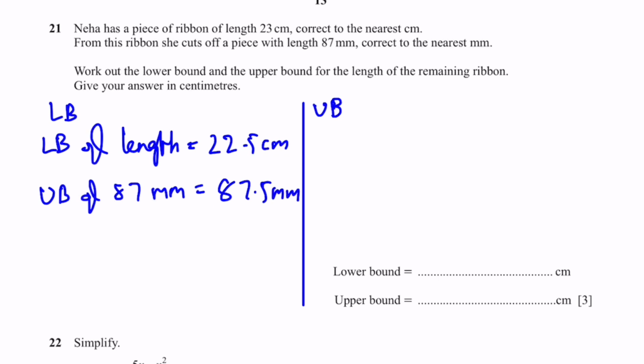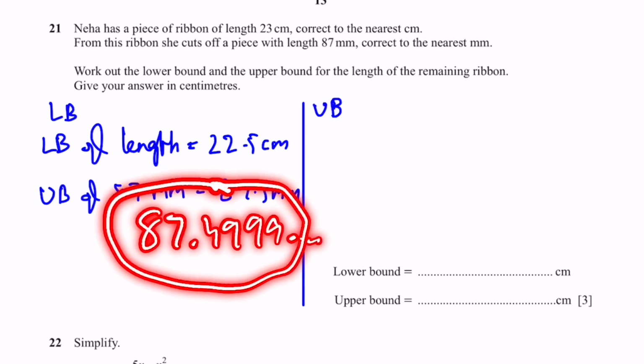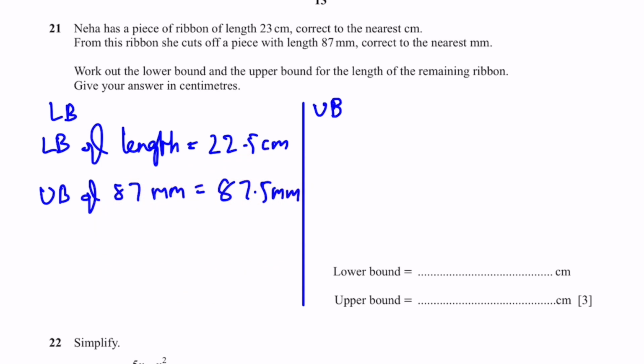Why? Because we can get 87 by rounding 87.4999 recurring decimal, and this decimal can also be written as 87.5 millimeters. That's why we get the answer of 87.5 for upper bound.